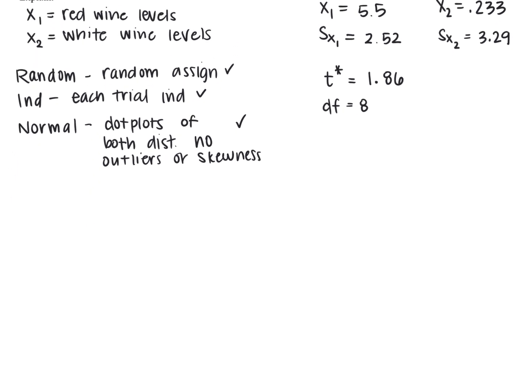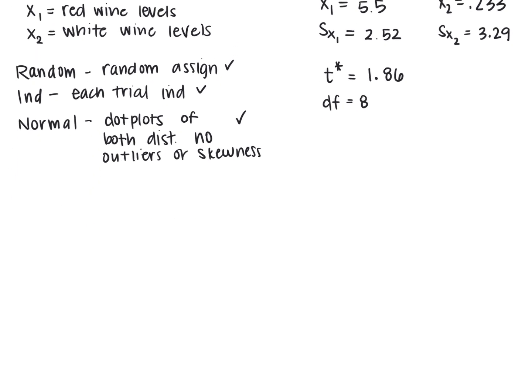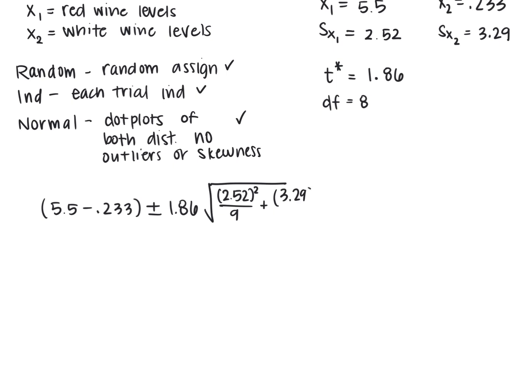Now I'm going to calculate the confidence interval. So I'm going to start with subtracting x1 minus x2, so 5.5 minus 0.233, plus or minus my critical value, 1.86, times the square root of 2.52 squared over 9 plus 3.29 squared over 9.